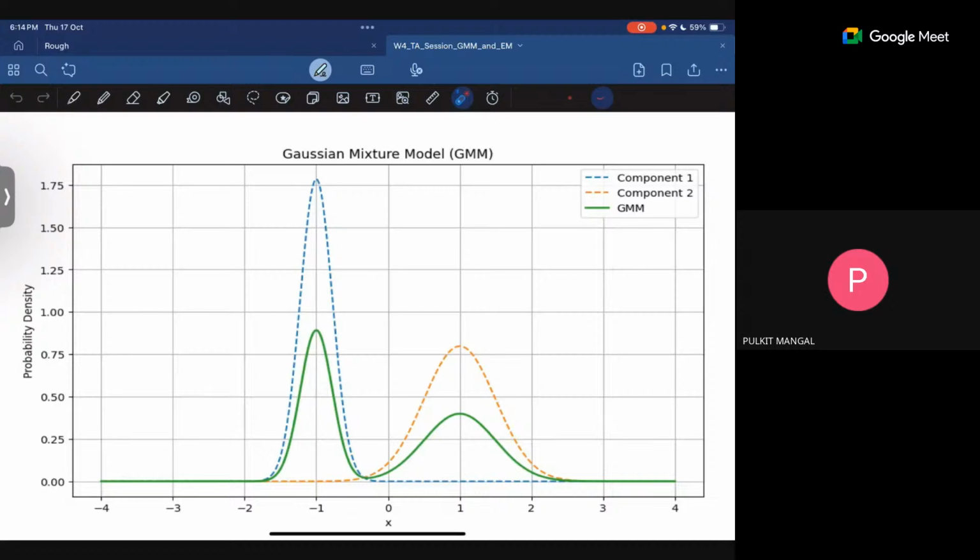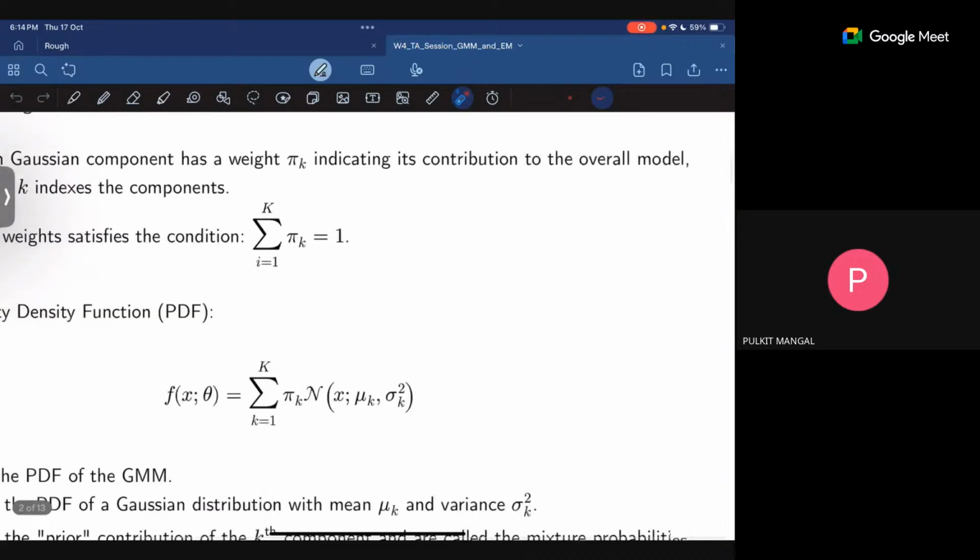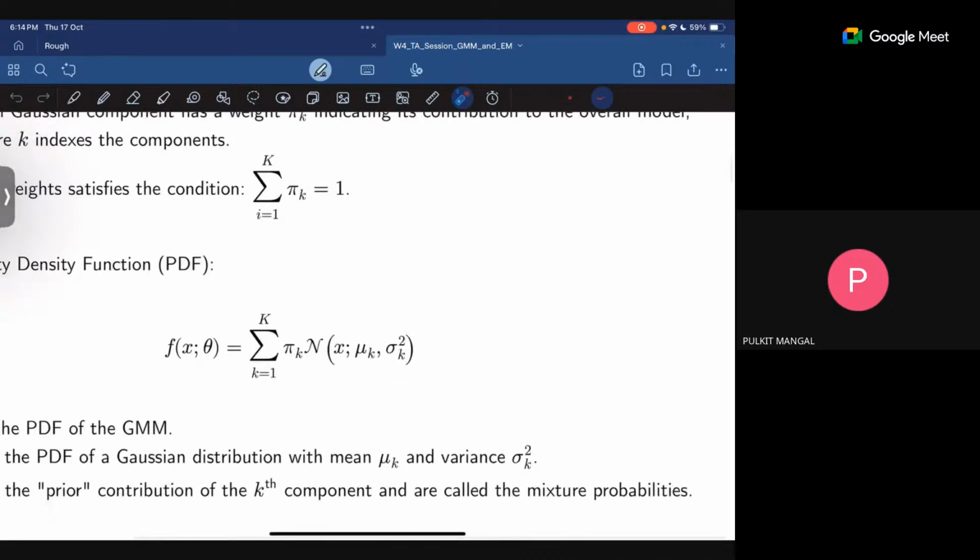The reason is hidden in how the density function of the GMM is defined. If we go back a little to this density function, it is some scaled version. It's not like we are just adding the PDFs of the normal distributions.